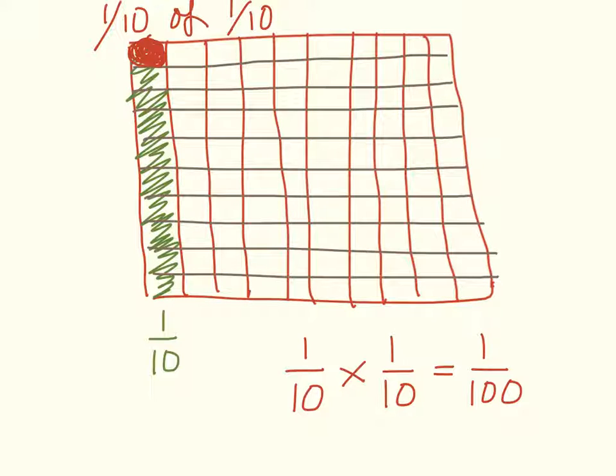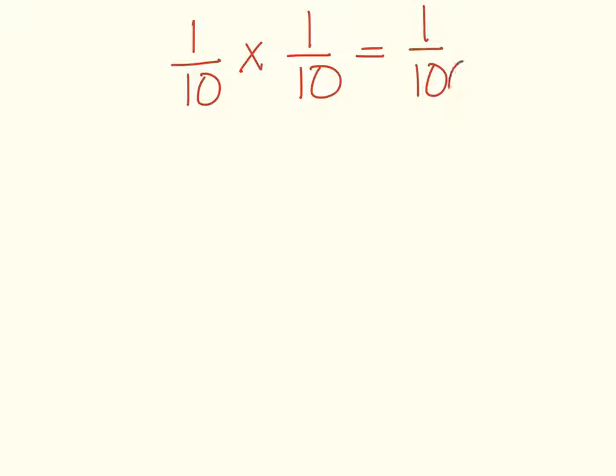So here we have just an illustration of what this multiplication is doing. And then let's take a look at it with an actual decimal problem and see how it works just the same way. So where we said 1/10 times 1/10 equals 1/100th.